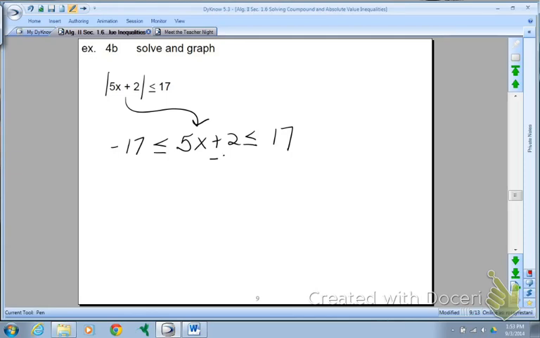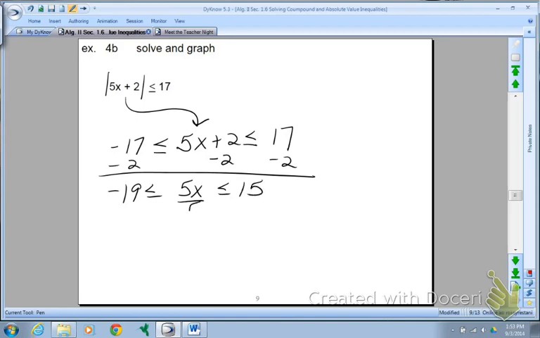Now solve, we're going to subtract 2 from the far right, the middle, and the far left. Divide by 5. Negative 19 over 5, I've got to turn that into a mixed number. That's negative 3 4/5 is less than or equal to x, which is less than or equal to 3. How many of you think when you get a fraction for an answer you've done something wrong?